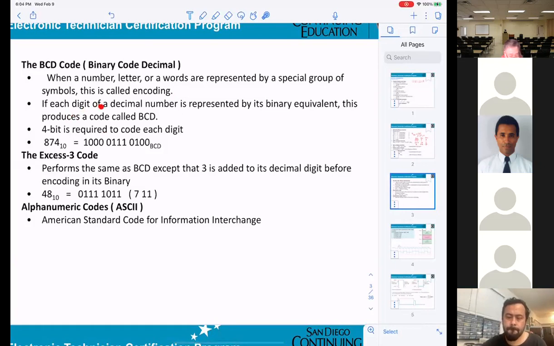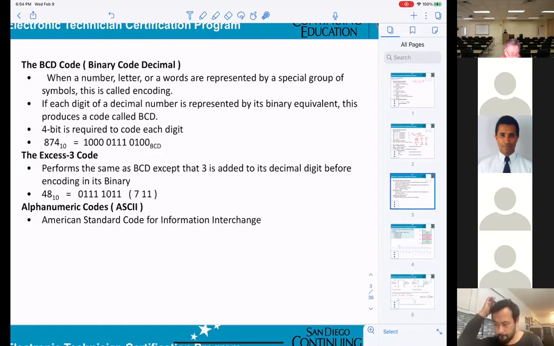If each digit of a decimal number is represented by its binary equivalent, this produces a code called BCD. Okay, BCD means binary coded decimal. 4 bits are required to code each digit. Now they give you the number 874 in decimal, and they want that in BCD.